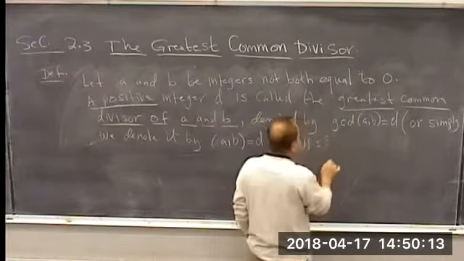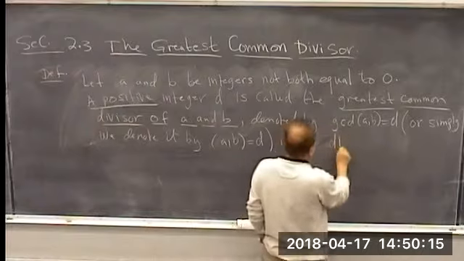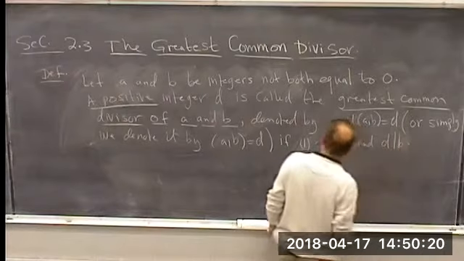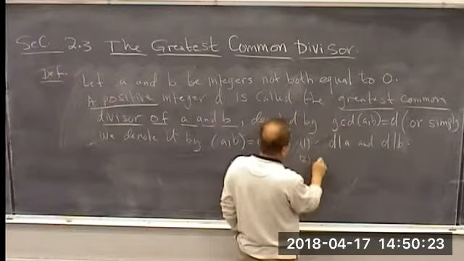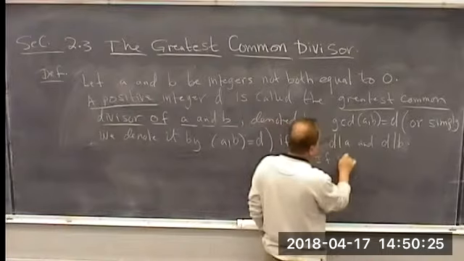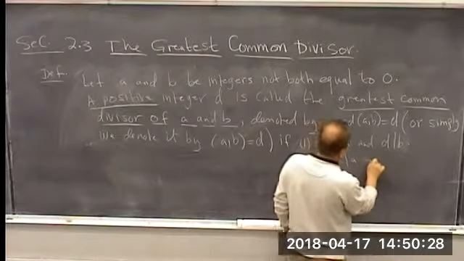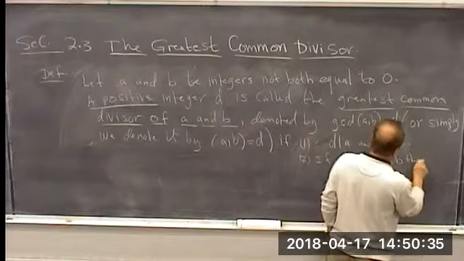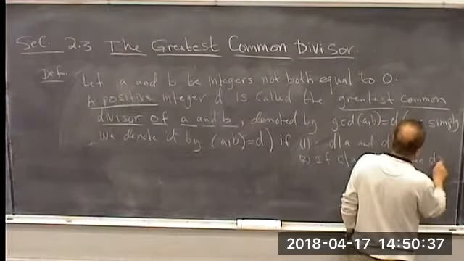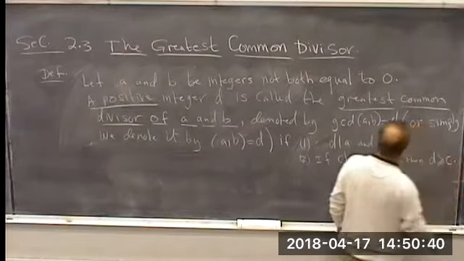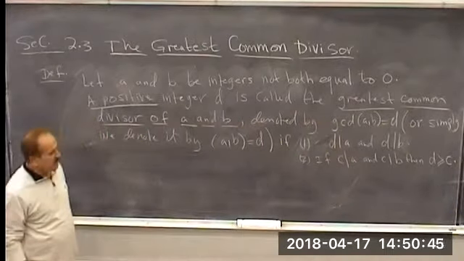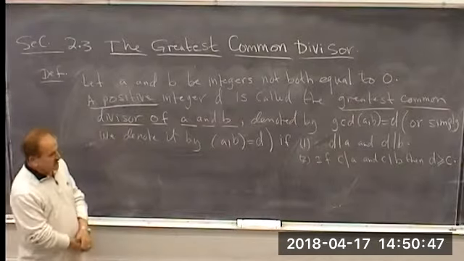One, D divides A and D divides B, meaning a common divisor. Two, if C divides A and C divides B, meaning C is a common divisor of both of these, then D is bigger than or equal to C. So it is the largest among all common divisors of A and B. We're going to look at other characterizations of this.